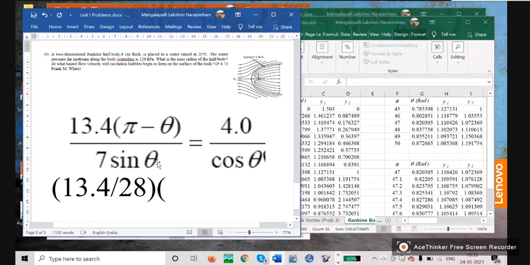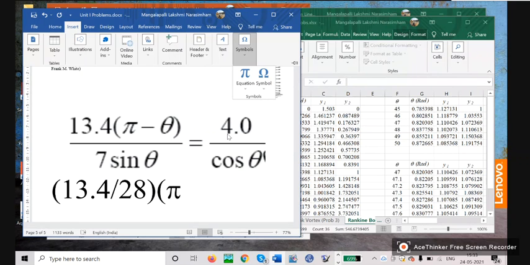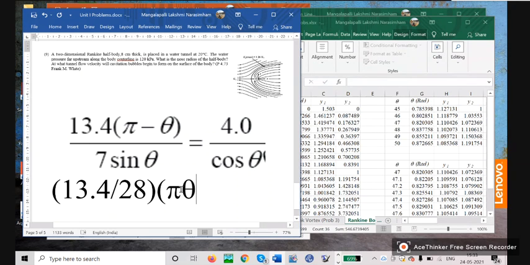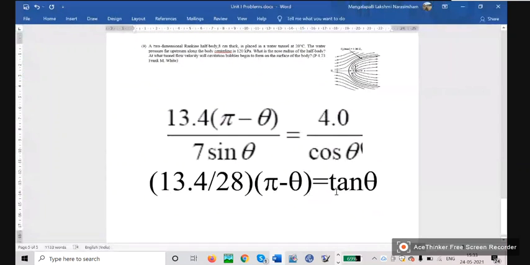So this is 13.4 divided by 28, pi minus theta is equal to tan theta.